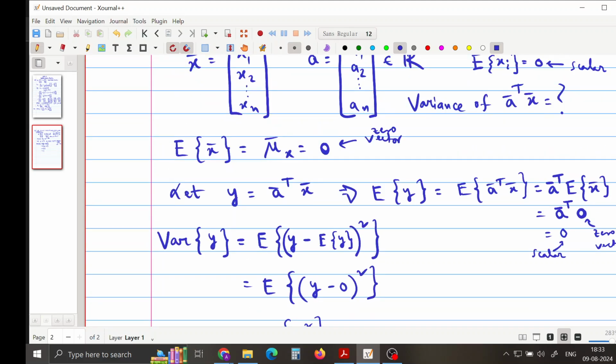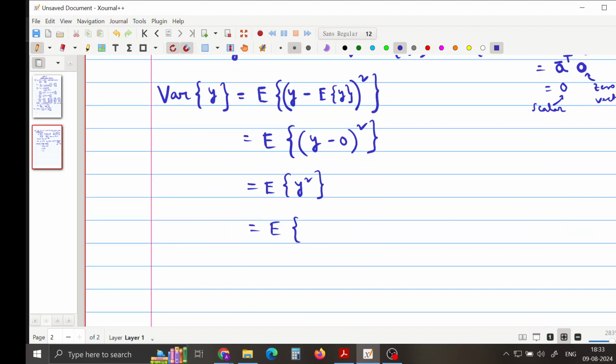It was that inner product, A transpose x. So this is A transpose x, the whole square. And remember that A transpose x is simply the inner product of the vectors A and x, which is nothing but a1 x1 plus a2 x2, so on till an xn, right?